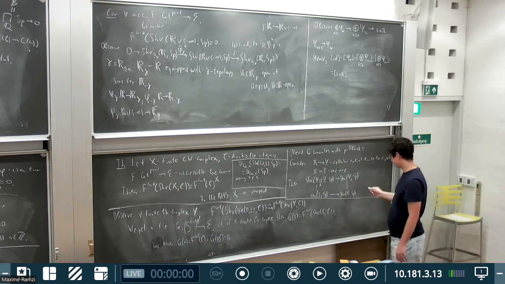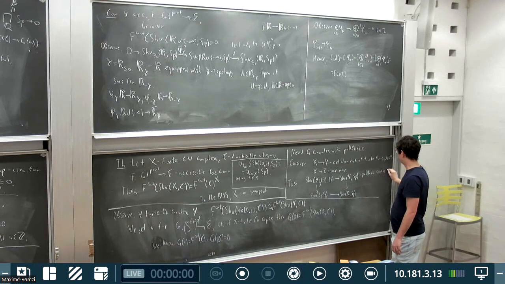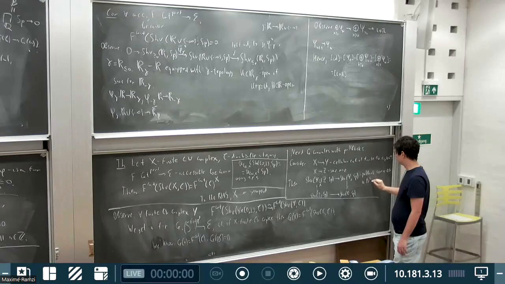And this is a pullback square, both in PRA and in the case of generalizable categories.